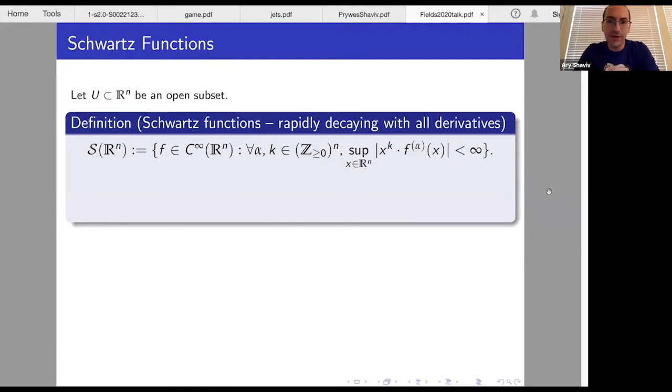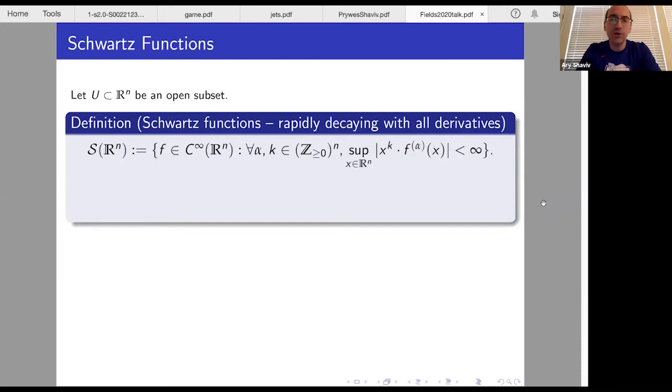So when we write x to the k, we mean x1 to the k1 times x2 to the k2 and so on. So if we take any polynomial and any derivative of f, and we look at this product, this should be bounded on the entire Rn, which means that f decays at infinity faster than 1 over polynomial for any polynomial, and also all the derivatives of f have the same property.